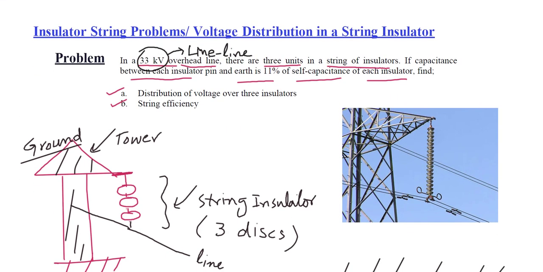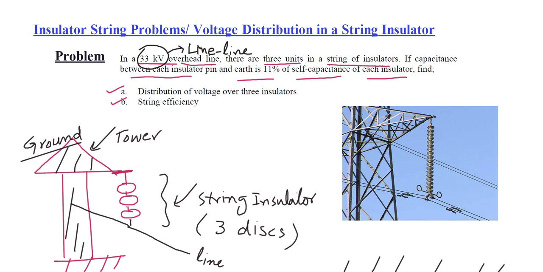And what else is given? We are given that the capacitance between each insulator pin and earth is 11% of the self-capacitance of each insulator.